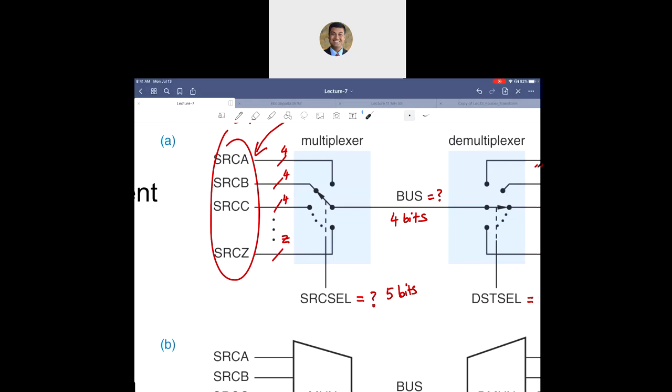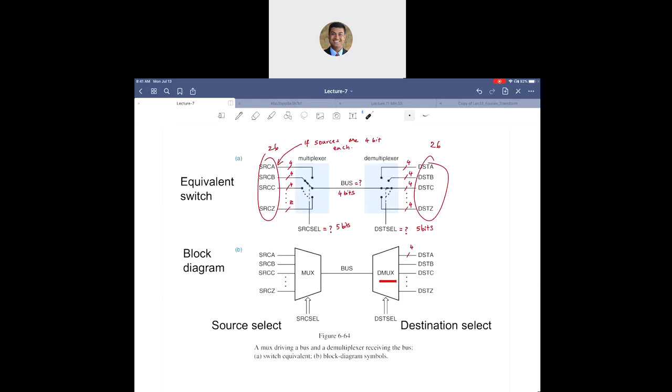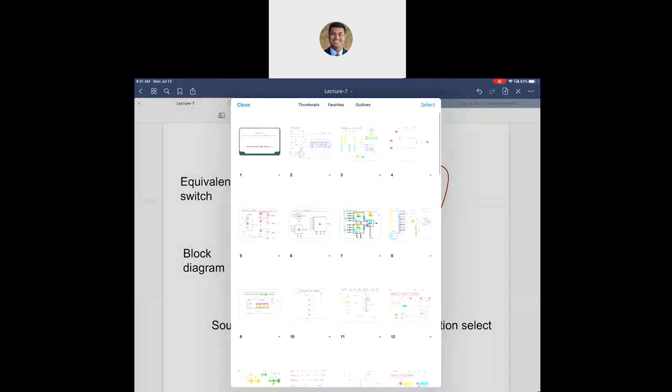So you would have 26 switches, and each switch could be in one of the 4 positions, right? So you would have 26 switches there. We talked about this earlier. I'm going to just refer you over there.